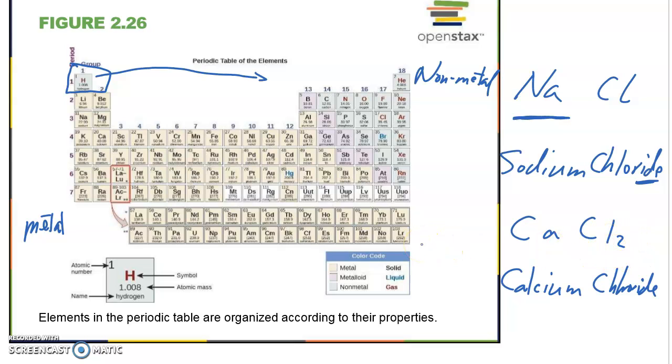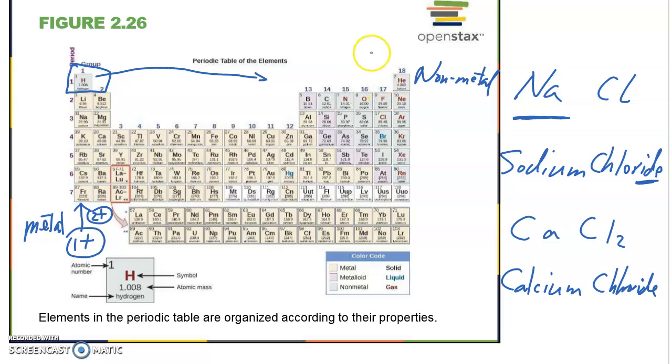So how do we predict the charge of the metal or of the non-metal? There are a few groups where we can predict the charge. For example, group number 1 always tries to form a 1 positive charge. Group number 2 always tries to form a 2 positive charge.